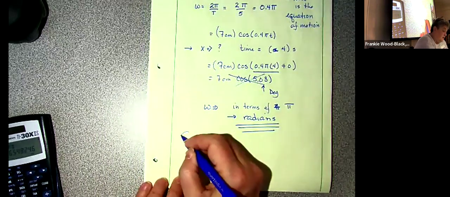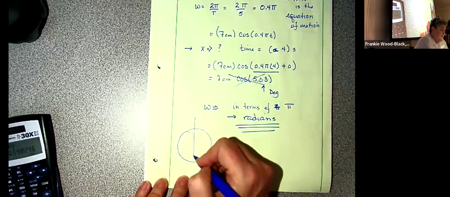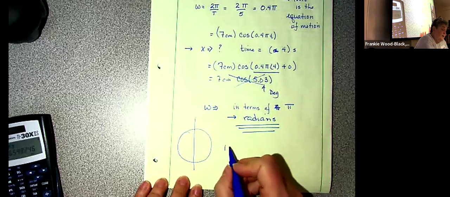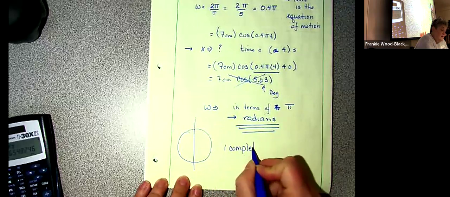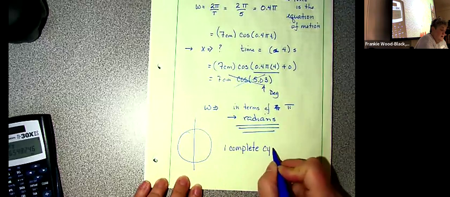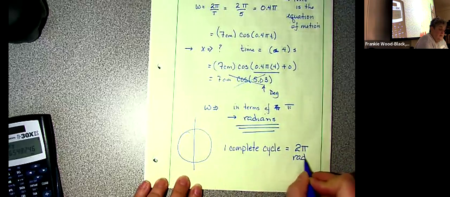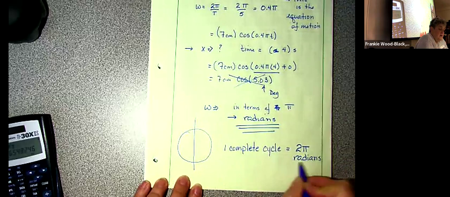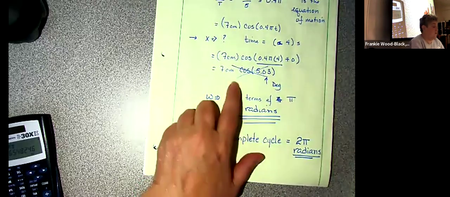So my circle, one complete cycle is equal to 2 pi radians. So you're going to want to verify that you're in radians.